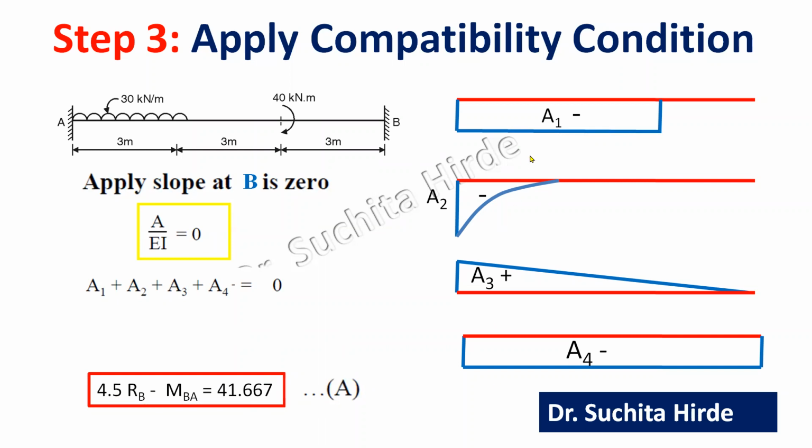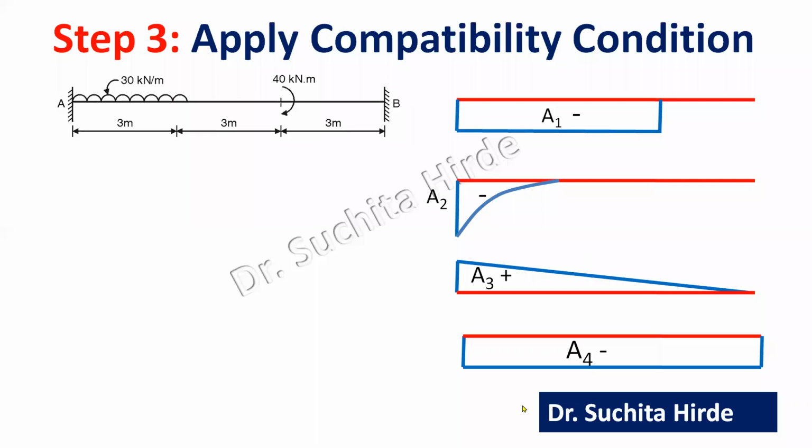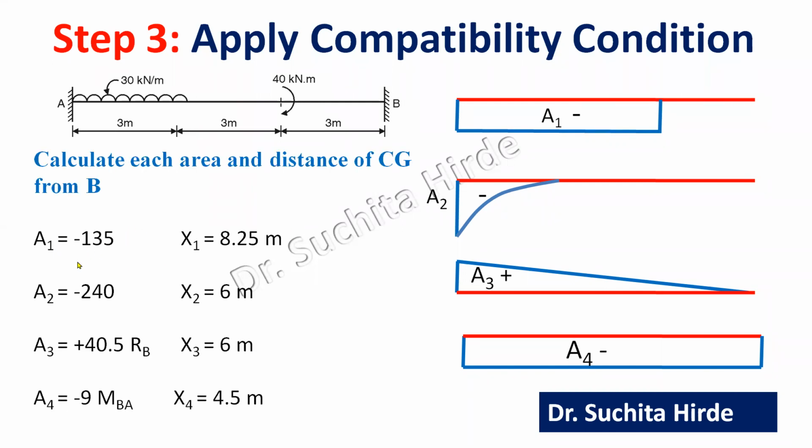Next we have to calculate the distance of these areas from B, because we are going to apply the condition that deflection at B is equal to 0. To apply the second compatibility equation, we will need the distance of all the areas from B. So for that, these are the areas A1, A2, A3, A4.